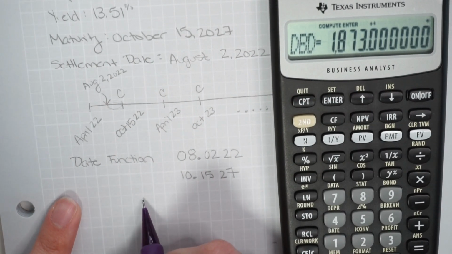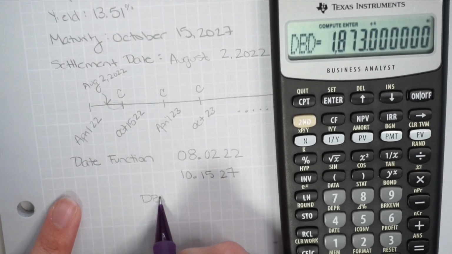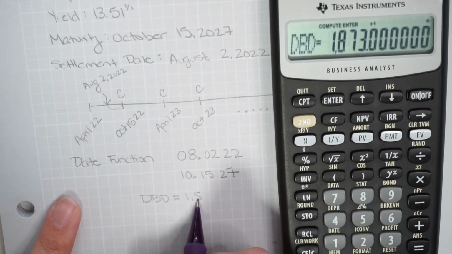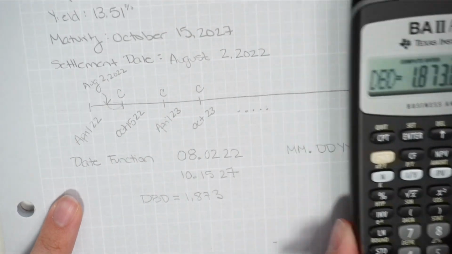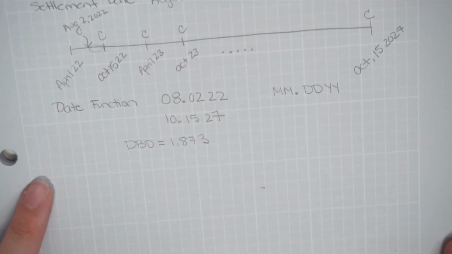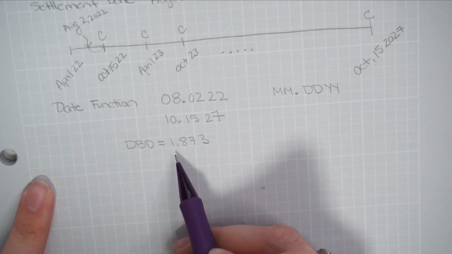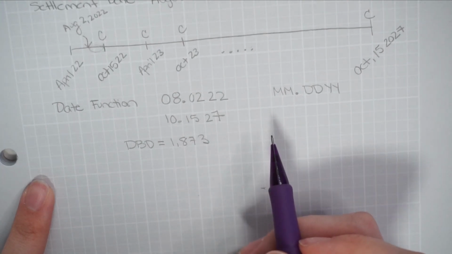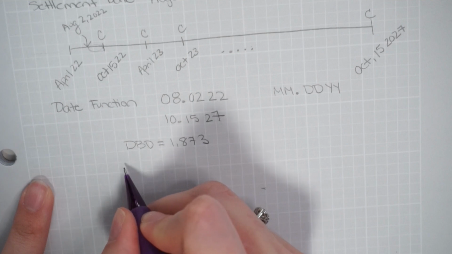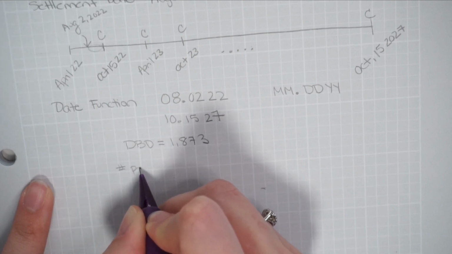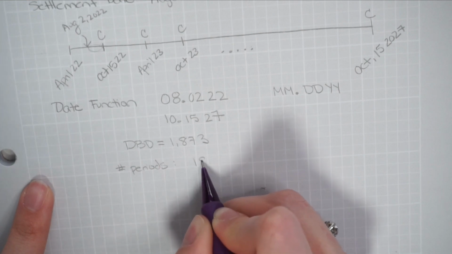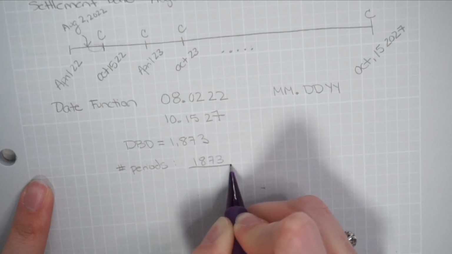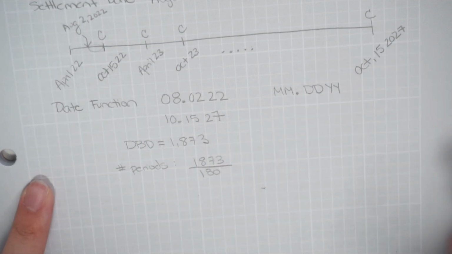So it tells me the days between is 1,873. Now we need to figure out how many full periods that is and how many partial periods. So to get the number of full periods, I'm going to take 1,873 and divide it by 180.